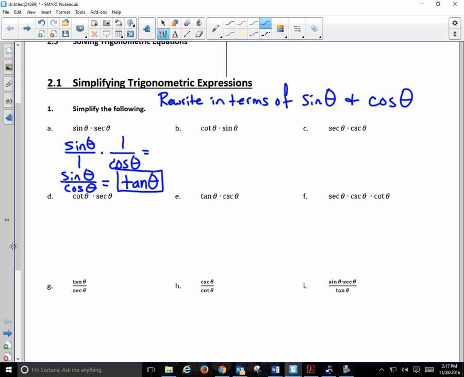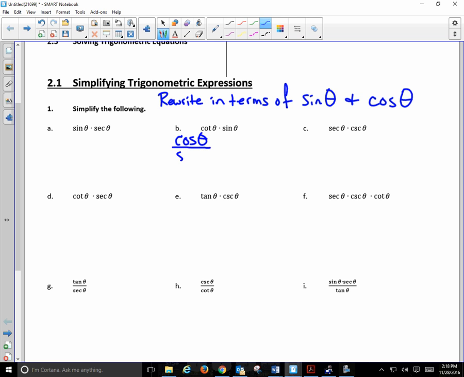As you try to let that absorb, let's look at example B, and you can see how this will work out. Do I rewrite cotangent or do I leave it alone? I need to see sine or cosine. So do I rewrite it or leave it alone? I rewrite it. How do I rewrite cotangent? Cosine of theta over sine of theta times, do I need to rewrite sine?